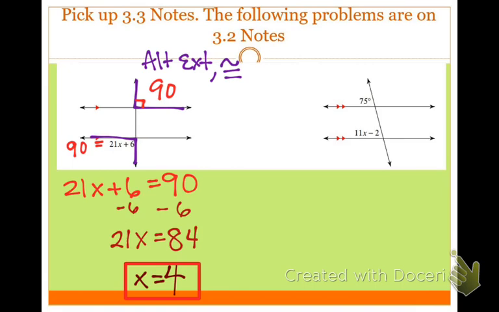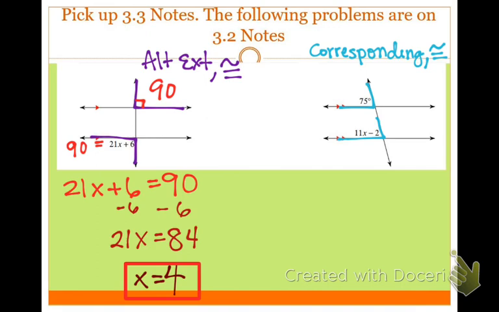The second, what relationship do these two angles have? They're corresponding. So I'm going to write that at the top. What do we know about the measurement of corresponding angles? They are congruent.